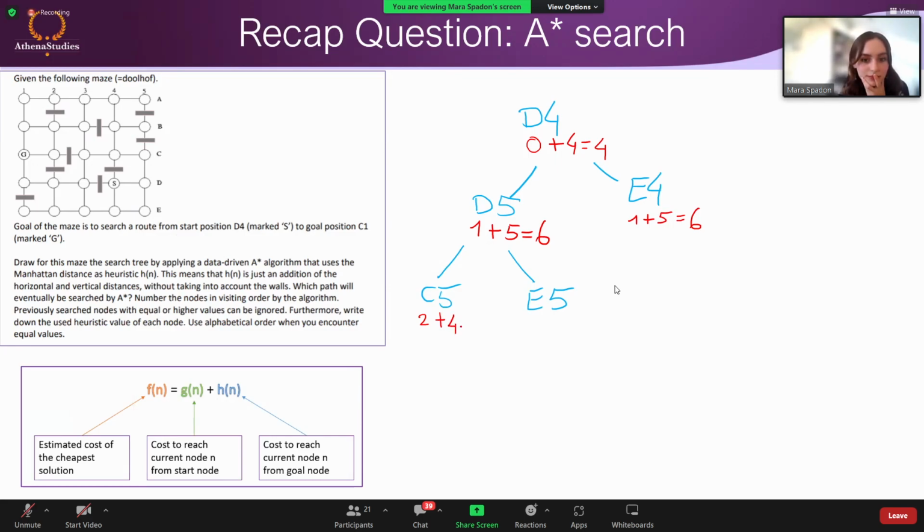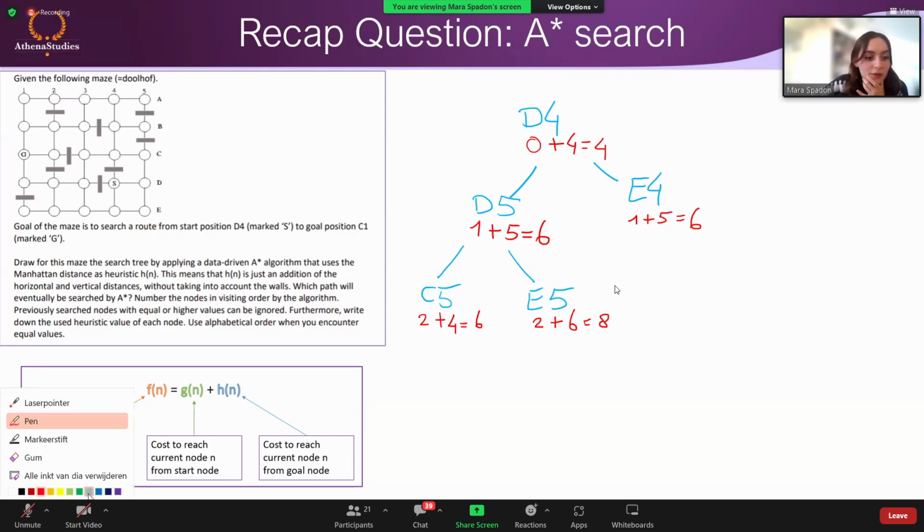Yes, so we get our value of 6. And for E5, we also have 2 steps from the start, but how far is it from the goal? 6 steps, I believe. Yes, exactly. So we do not go down that path because 6 is smaller than 8. So we continue from C5.